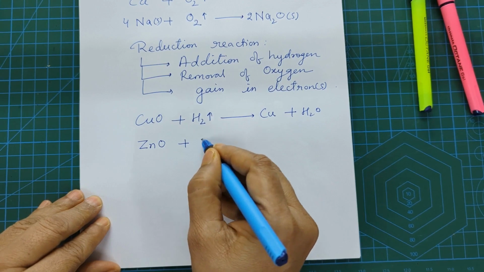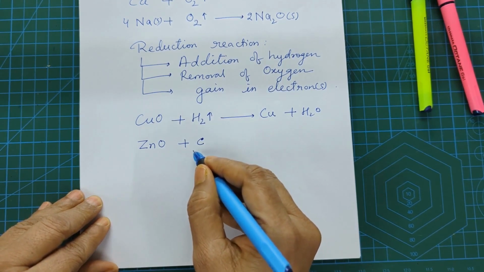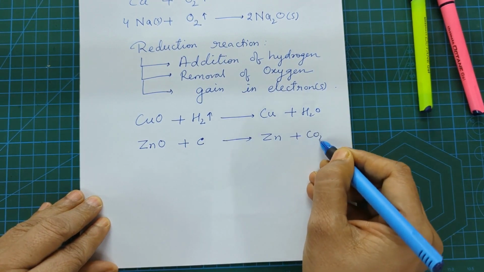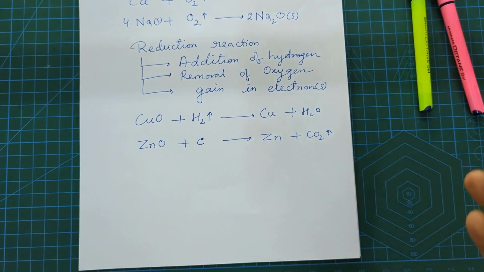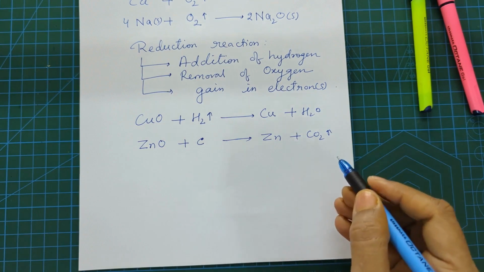So carbon is the reducing agent. When zinc oxide is treated with coke or carbon, we will get metal zinc and carbon dioxide. So this is a process of reduction. In metallurgical operations, carbon is used as a reducing agent for metal extraction. So here metal is extracted and reduction has occurred.